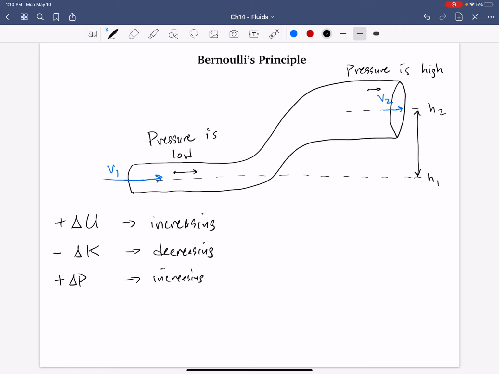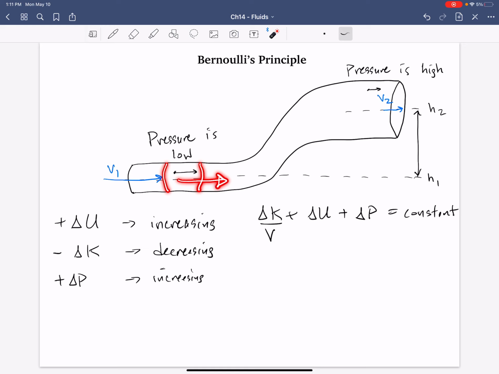And we can write this in equation form. We can say, in essence, that delta K plus delta U plus delta P, all of those things are equal to some constant value. Written another way, we have delta K. We can essentially think of each molecule having some kinetic energy. But again, remember that we're talking about a volume of water here, all traveling with the same general speed.